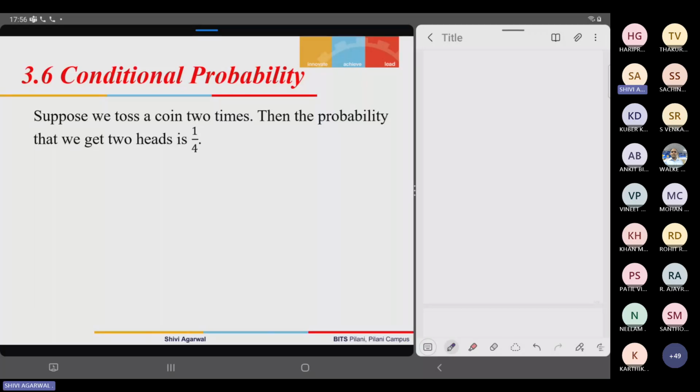Are you able to see the slide? Okay, fine. I will discuss with the concerned person.